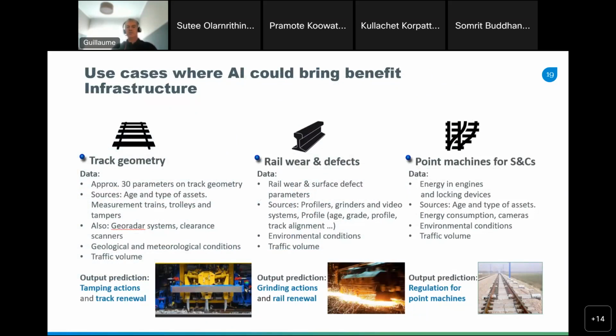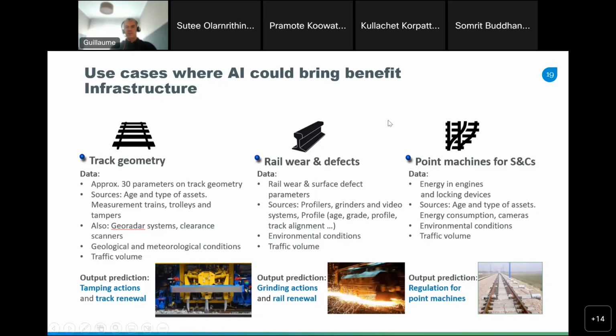The sources, more or less the measurement tools or where you can find the information, are the age and type of assets, measurement trains, trolleys and tampers, georadar system, clearance scanner, and so on. Based on this data collection and data processing, the output prediction should be some tamping action and track renewal.